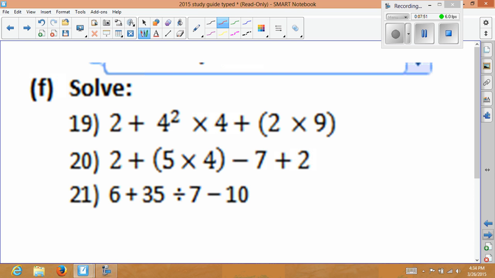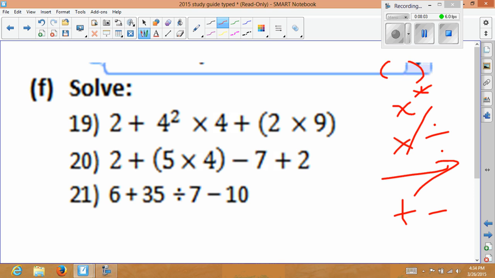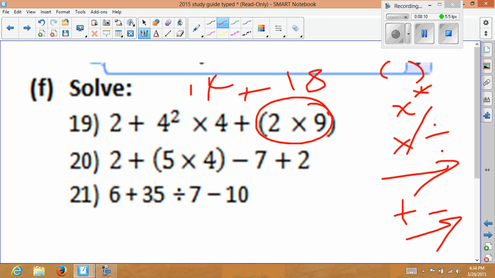Okay, next one, we need to solve following order of operations. So I'm going to begin. Remember, it's grouping symbols inside out, then exponents. Multiply or divide left to right, whichever one happens, and add or subtract left to right. So I'm going to begin here. That's 18. Write everything else down. Do the math on this.